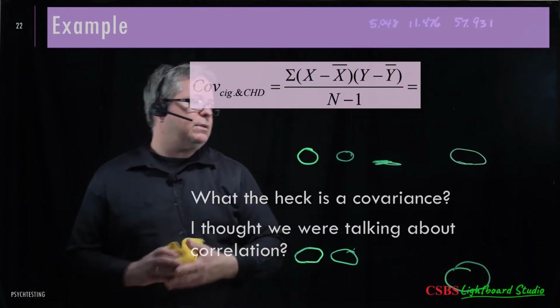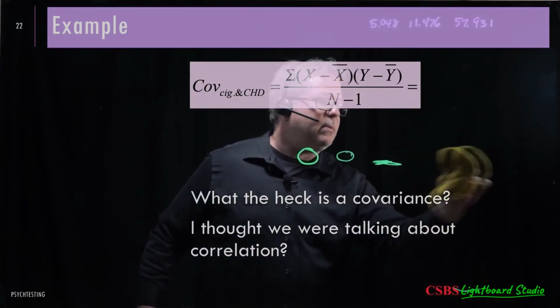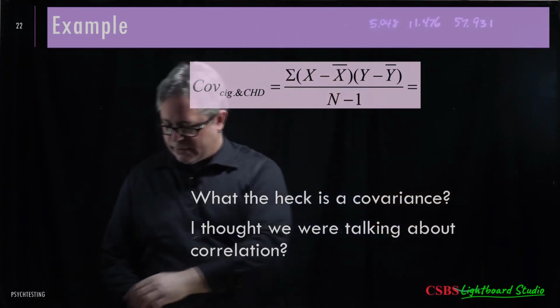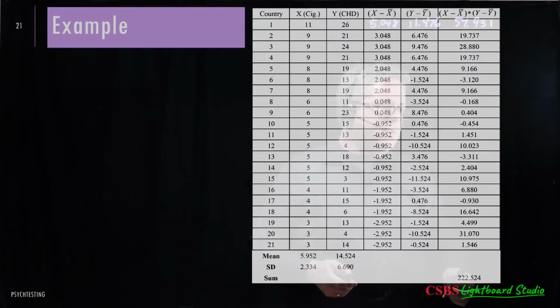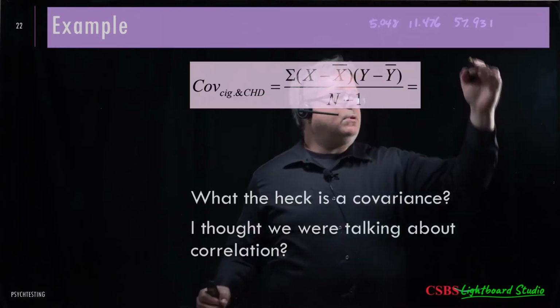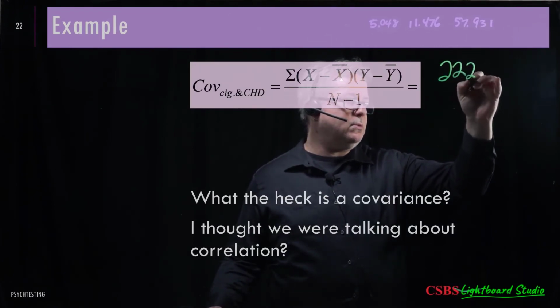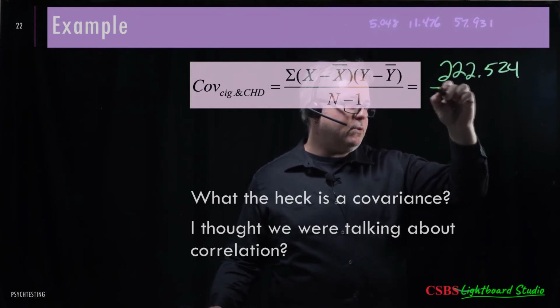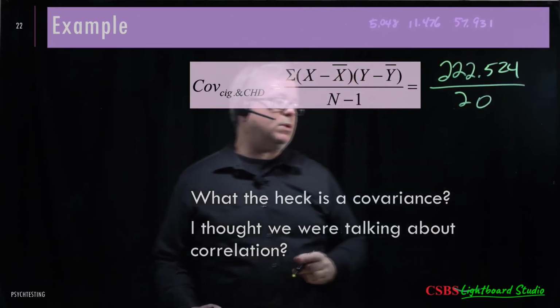So let's take that a step further. What do we do with the sum of products? It's the top part of this equation. The sum of products is 222.524. Over, there are 21 countries, so that makes this 20.